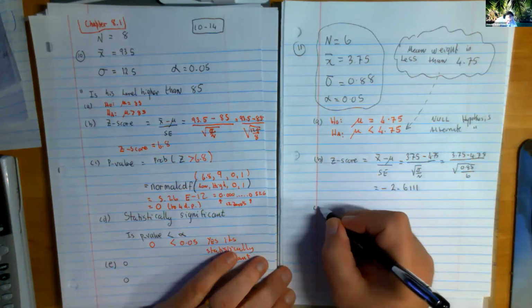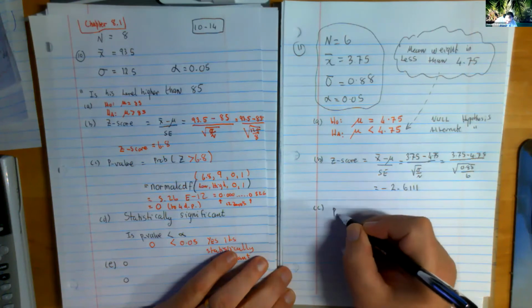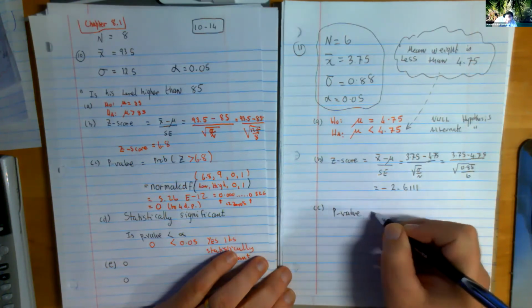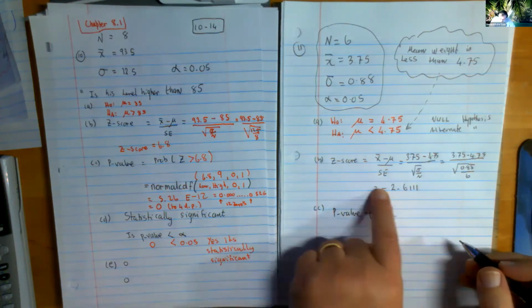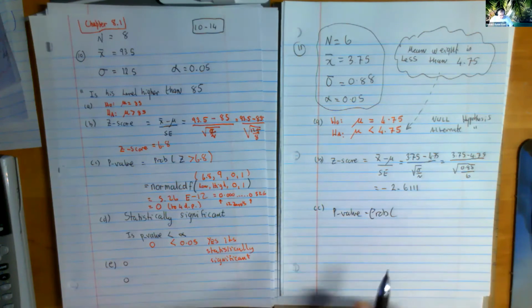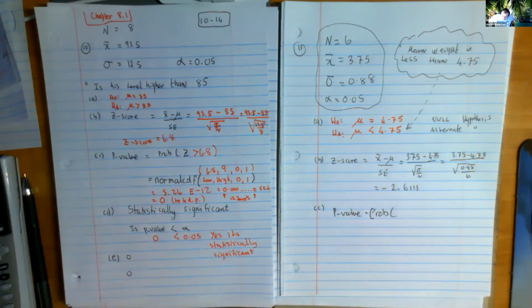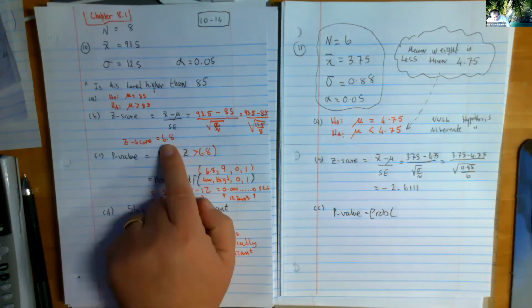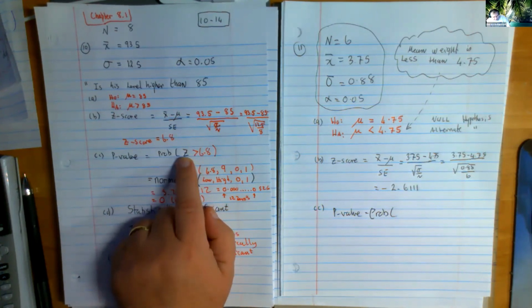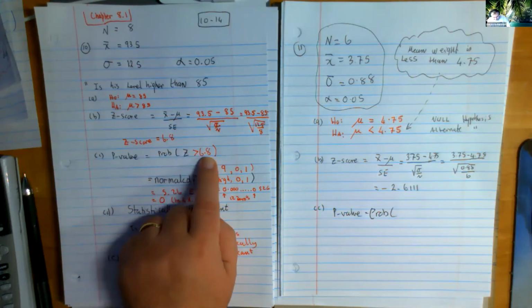So part C then is we're going to get a p-value. Now the p-value is basically the probability that something like this happened, that you got this. Now the p-value has two distinct directions to go. If the z-score is positive, then the p-value will be the chance that z is that number or bigger.